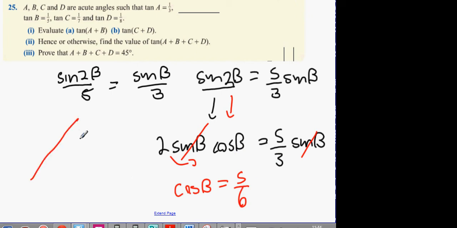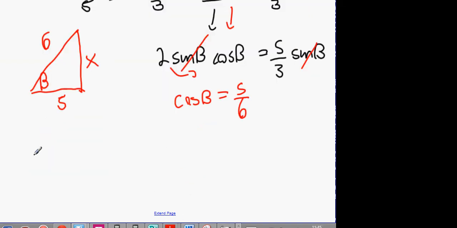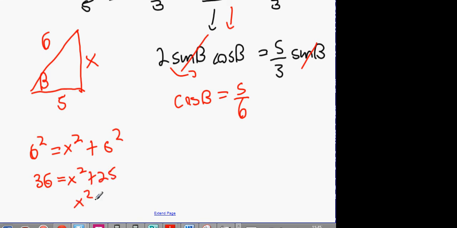Now the great thing about cos B here is that it's going to be adjacent over hypotenuse, which is 5 over 6. If I find out what x is, I get the opposite. So I'm going to get 6 squared equals x squared plus 5 squared. 36 equals x squared plus 25. X squared equals 11.